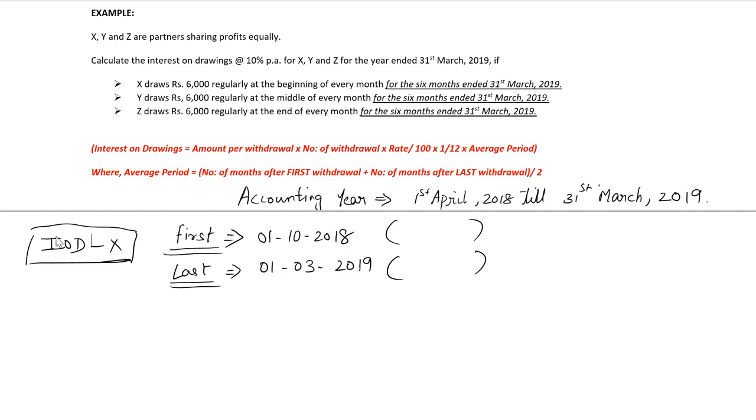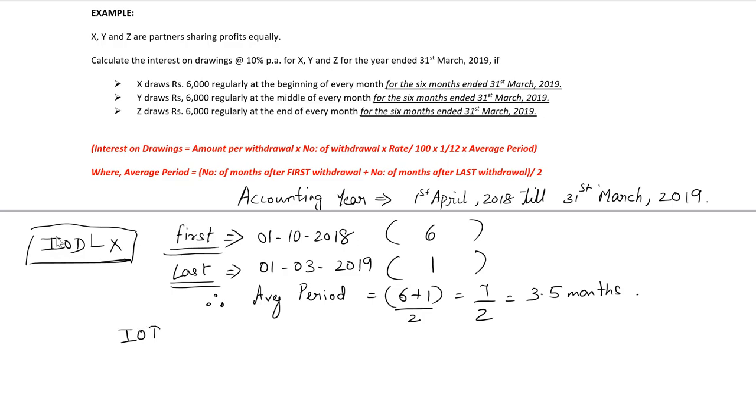Number of months from 1st October 2018 up to the end of the accounting period, 6. Number of months here is 1. Therefore, average period is equal to 6 plus 1 divided by 2, or 7 by 2, which comes up to 3.5 months.